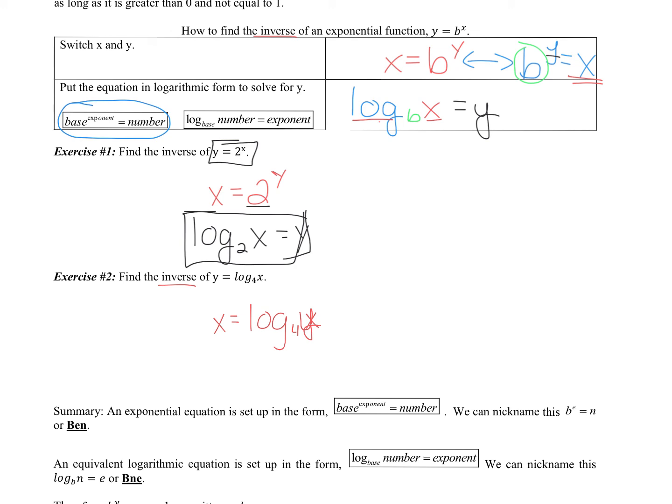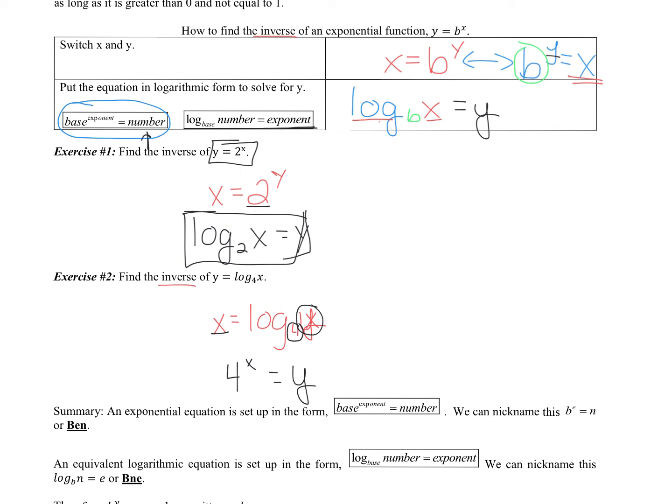Just like the logarithm lets us write the exponential and solve for y, the exponential form will let us write the log equation, solve for y. So if I go back to exponential form, here's my base. We know our exponent is the answer, so the exponent is x. And then this number that we're taking the logarithm of goes over here. So that's kind of moving it back.